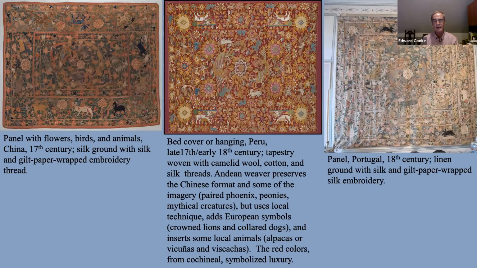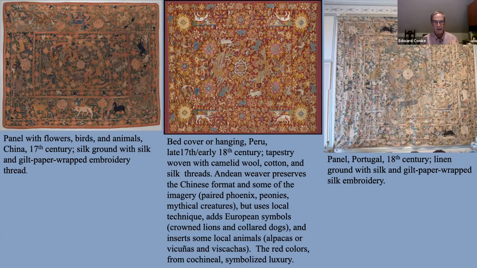And just looking at a sequence of 3 images here of textiles that really talk about the transmission, the movement of images, oftentimes through actual works of art. So the panel on the left, it's a silk ground with silk embroidery, made in China, embroidered in China.